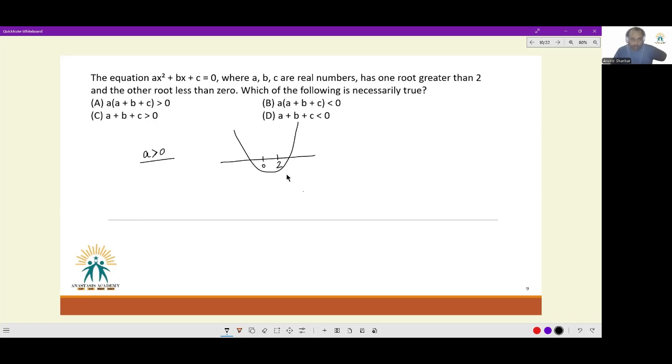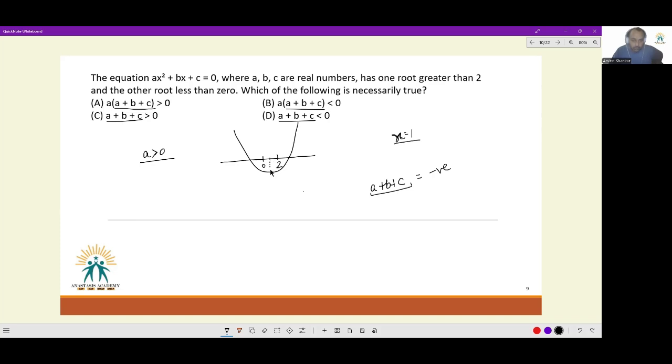Now, all these expressions have A plus B plus C. What this should trigger in us is, if I put x equal to 1, when A is greater than 0, this expression will return A plus B plus C. A plus B plus C is a negative value.